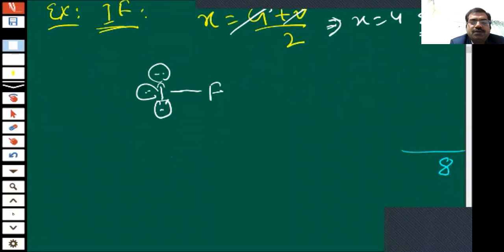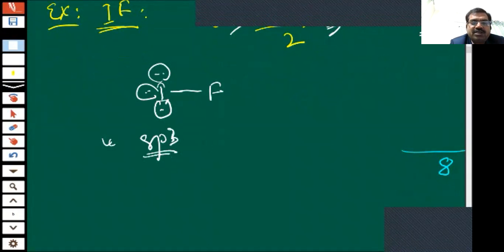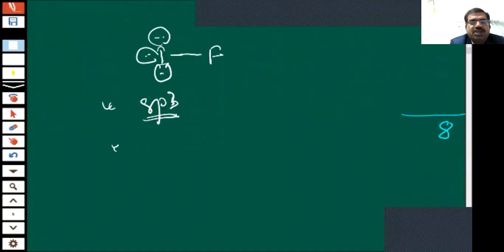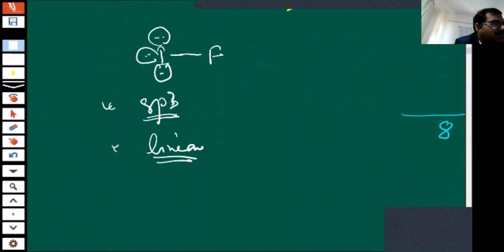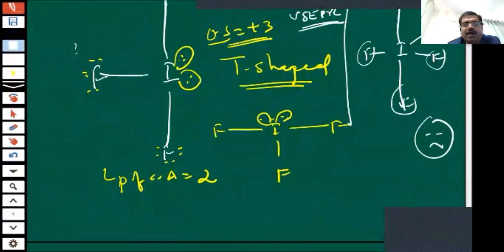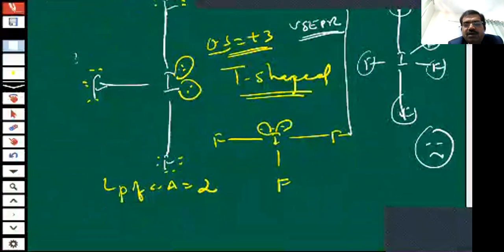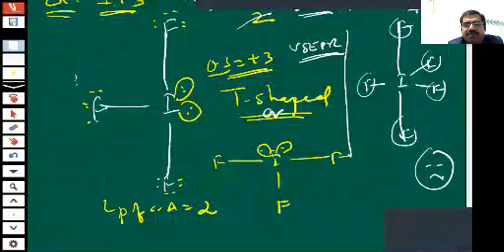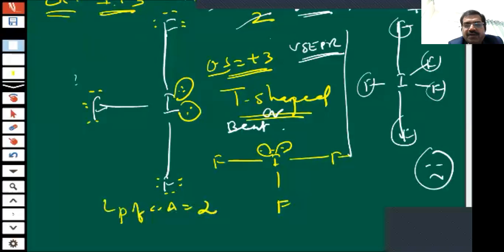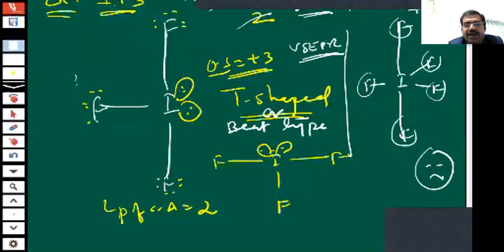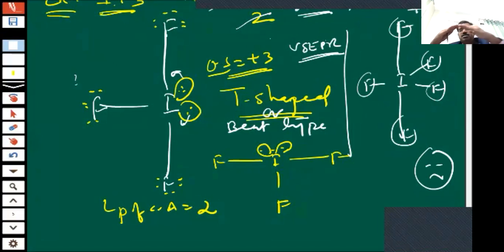So if somebody asks you, you can tell iodine is sp3 hybridized. Shape you can say is linear. And if you can't say T shape, if not 100% T shape, you can say bent type, because this lone pair is there, so it is bending.